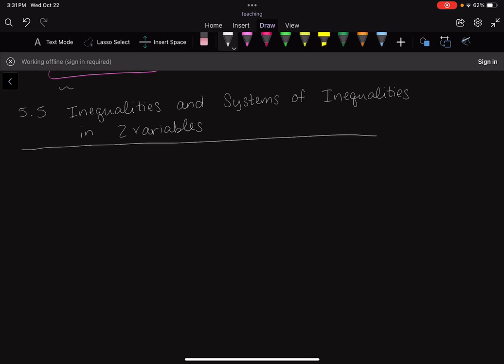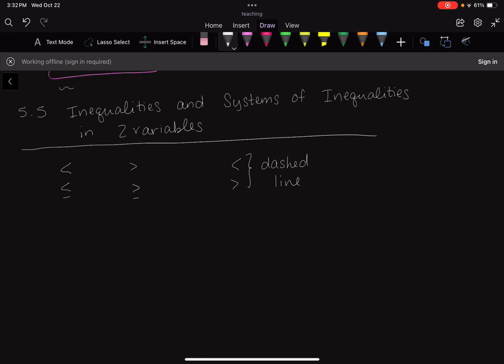Now I want to remind you that inequalities is just when you have less than or less than or equal, or greater than or equal. Something to remember is that the less than and the greater than signs, just like on a number line, how we usually write them with a parentheses, we're going to use a dashed line.